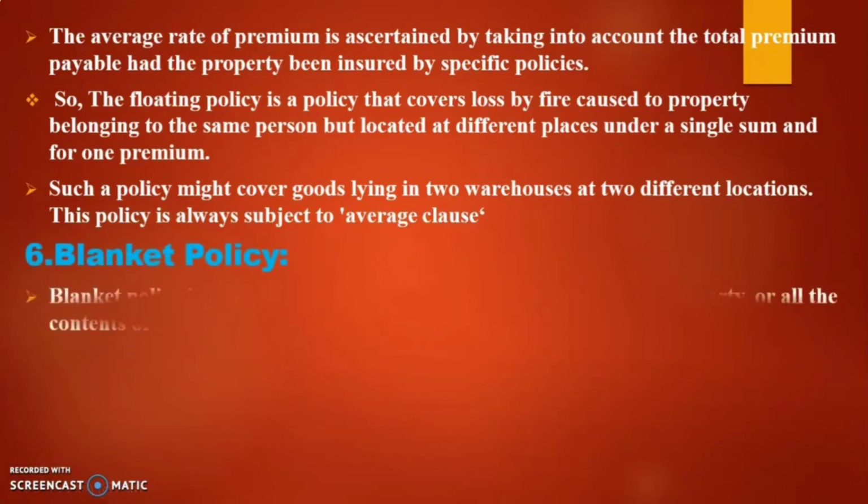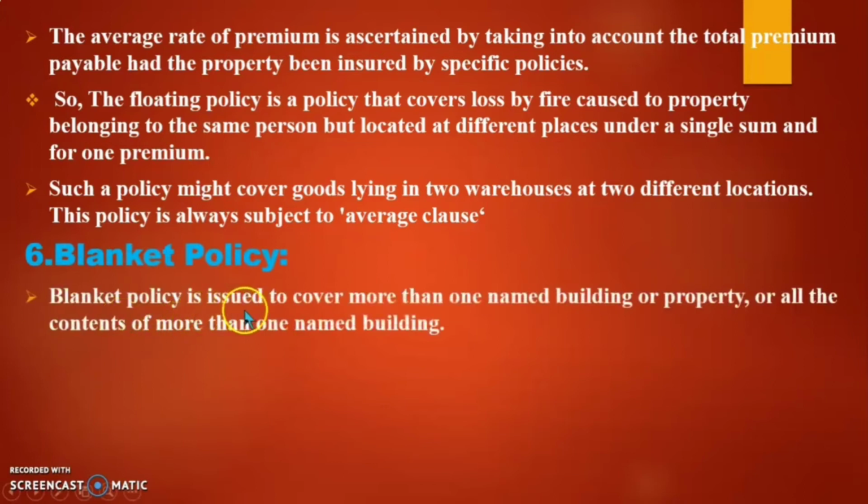Blanket policy. A blanket policy is issued to cover more than one named building or property, or all the contents of more than one named building. A blanket policy is like a floating policy, but with some differences.